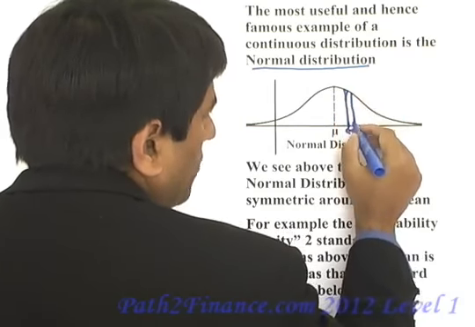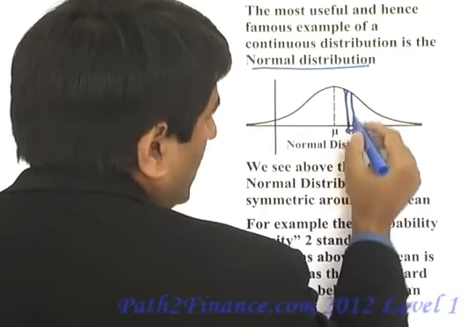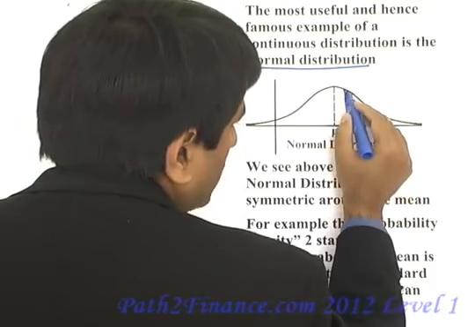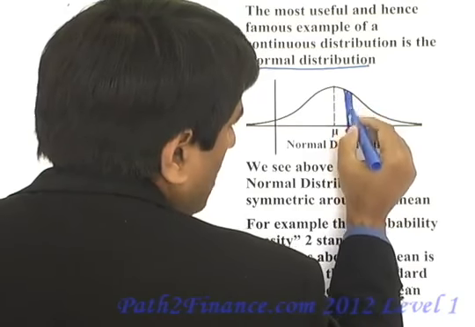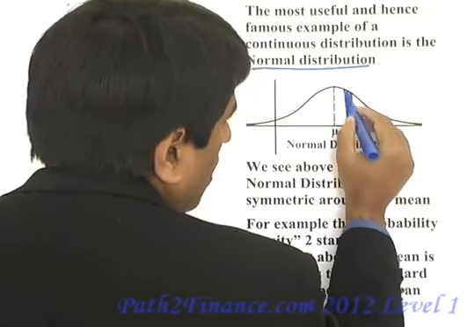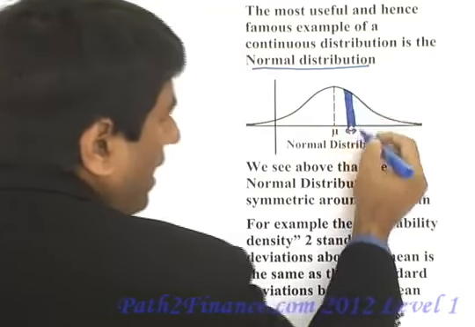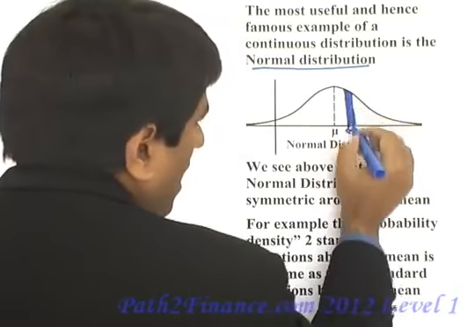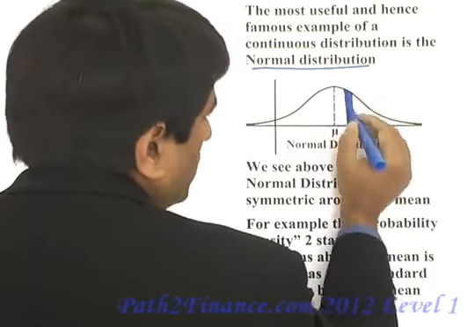The probability of the variable lying in this range is the area under the graph for this range.